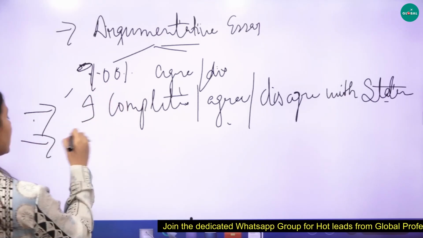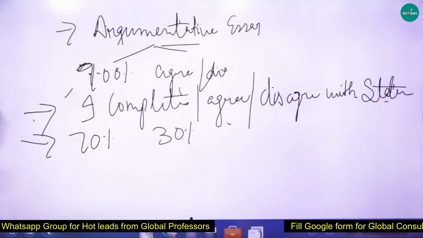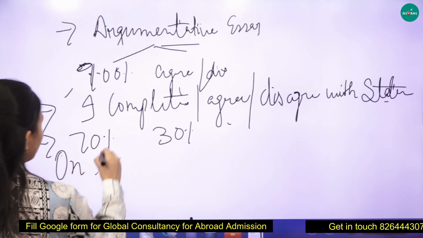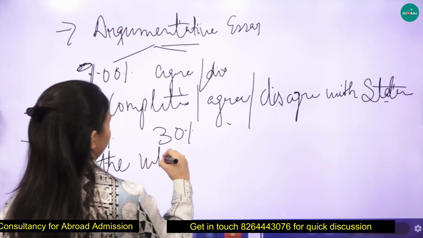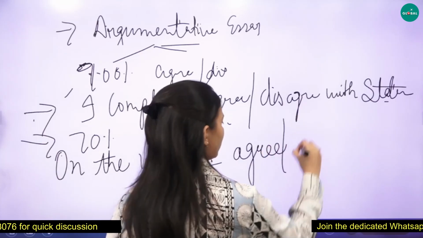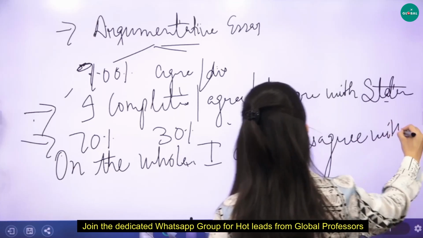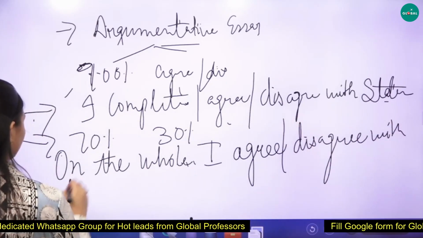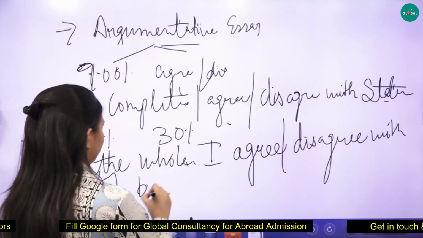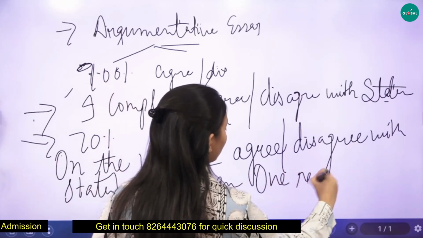Let's suppose you are 70% agree and 30% disagree, then how do you need to write it down? So this is something: on the whole, I agree or disagree, whatever you are, with the statement, but I have one reservation.